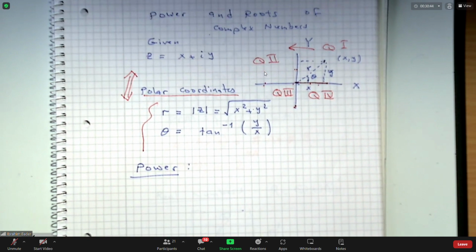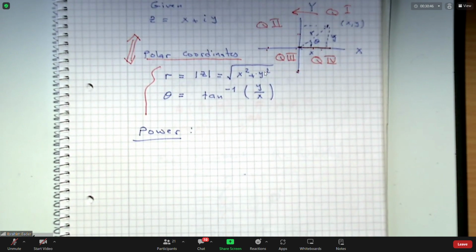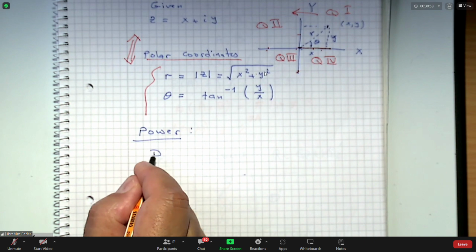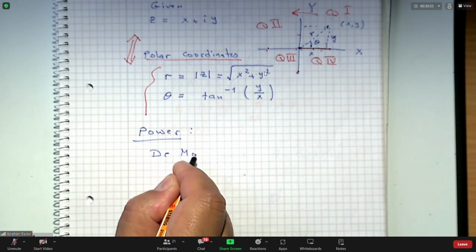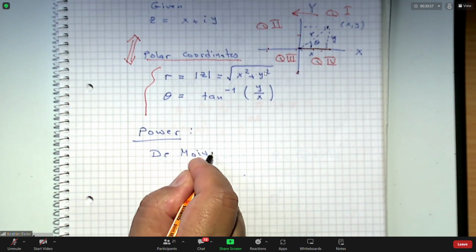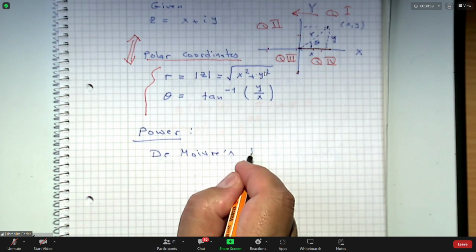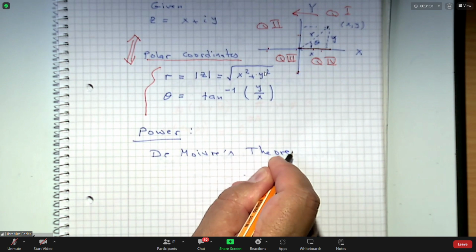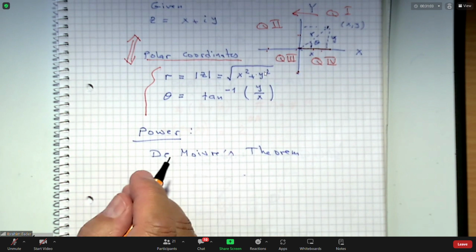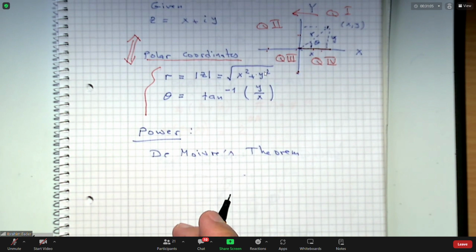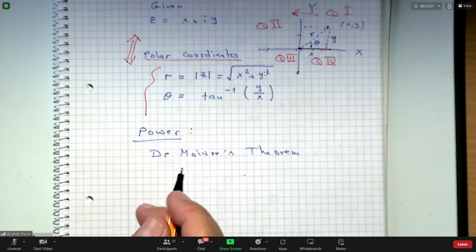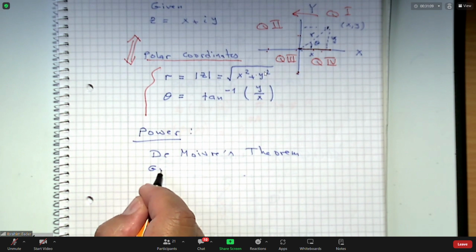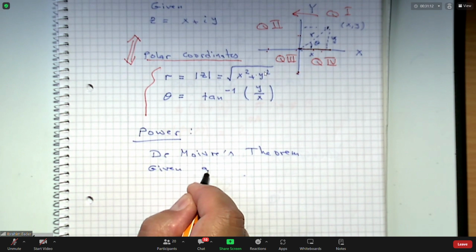There is a very famous theorem that was introduced by the French mathematician De Moivre, and the theorem is called after him. So here we are given a complex number.